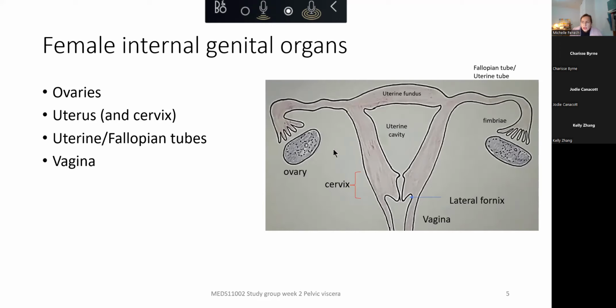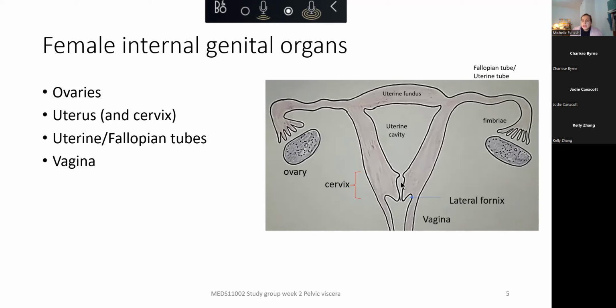I just tried to put not too many labels on there for you. So you have the uterine cavity, which is in the body of the uterus, and then the cervix has a canal, but we call that the cervical canal. When someone's pregnant, the baby needs to sit up in this uterine cavity.